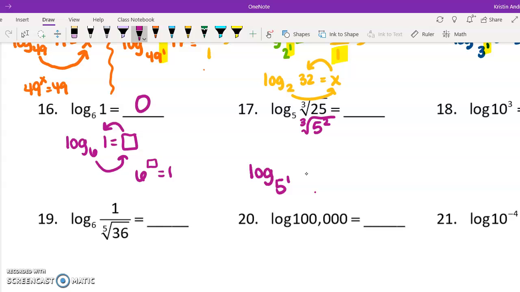Well, if you watched the videos that I did yesterday, we talked about how to convert from radical form into exponential form. So this would be 5 raised to the 2 over 3. So now I can take this exponent and divide by this exponent. What's 2/3 divided by 1? 2/3.